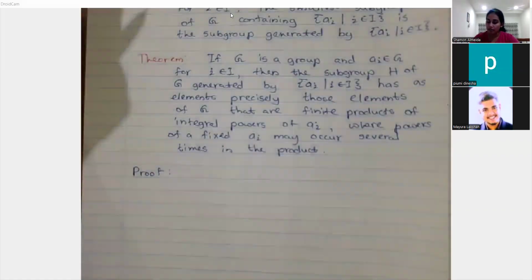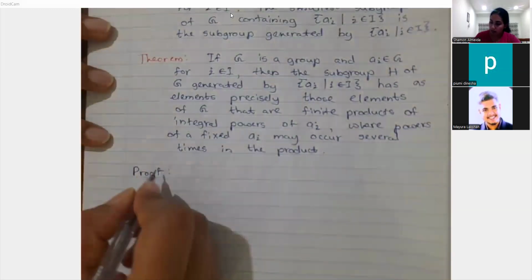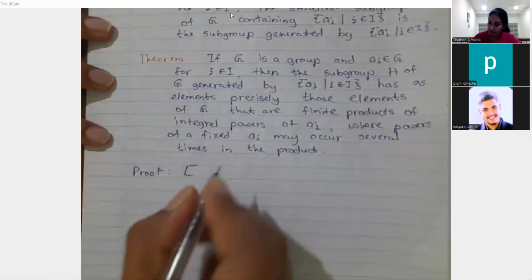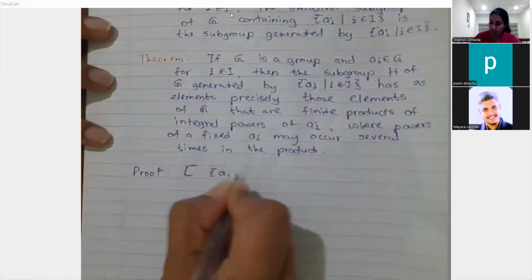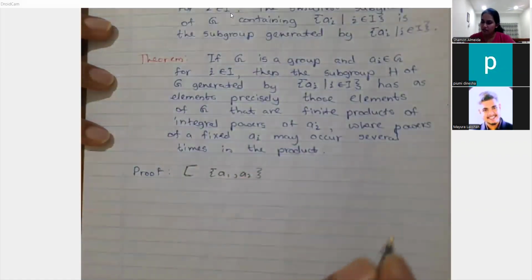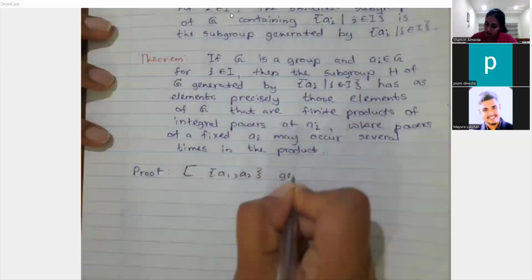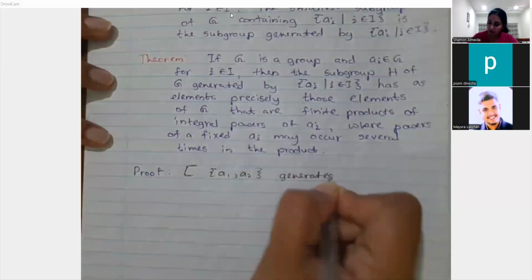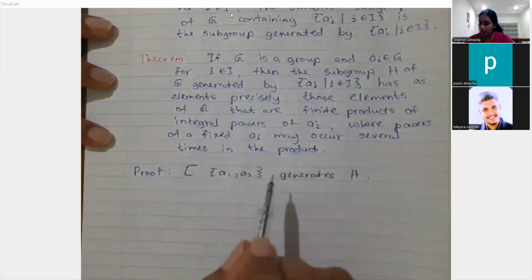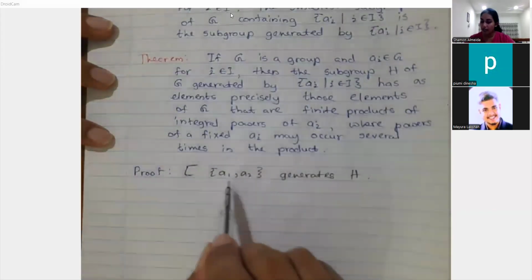So, for example, before writing the proof, if we take the generating set to be a_1, a_2, maybe these two elements, what sort of elements do we have in H? It has finite products of integral powers, or integer powers, of a_1 and a_2.